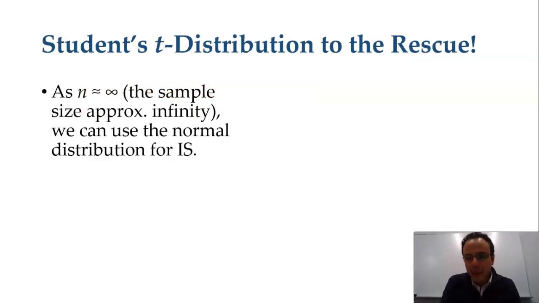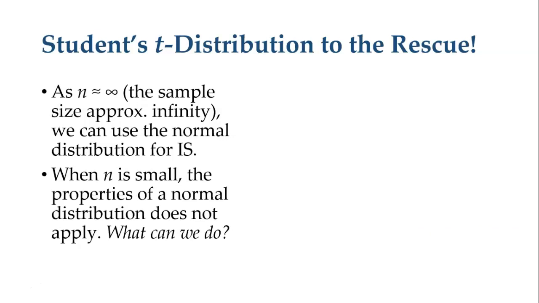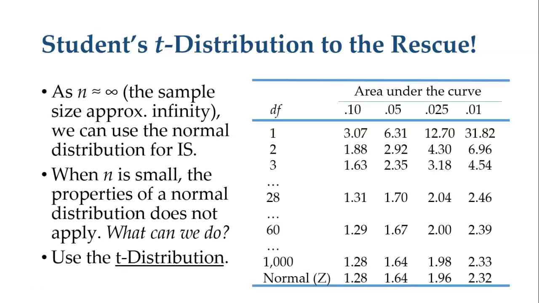As the sample approaches infinity, we can use the normal distribution. So the larger the sample, the more confident we are to use the normal distribution. But when the sample is small, the properties of the normal distribution don't work very well. So what can we do when we have a small sample? Something was created to solve this problem, and it's called the Student's t-distribution.